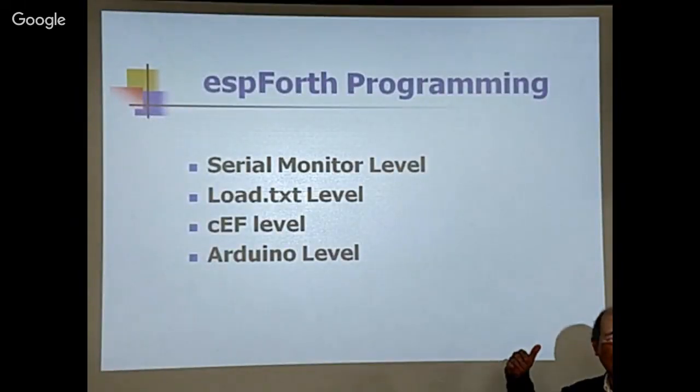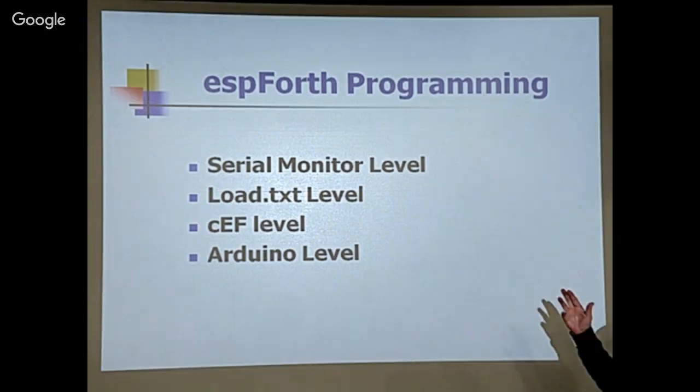We can change, and we can develop code. The highest level is at the serial monitor level. So you type in Forth words, type in colon definitions, and get them compiled and tested and debugged.